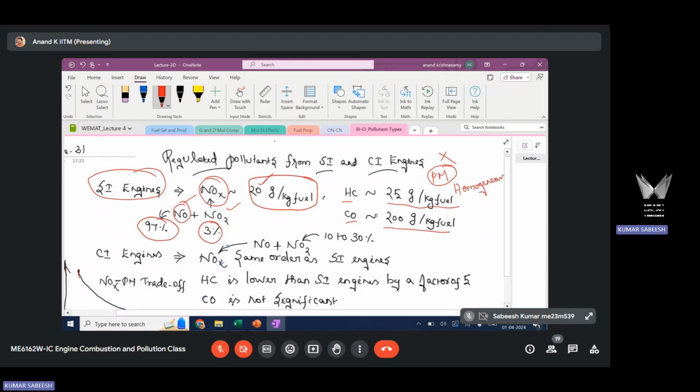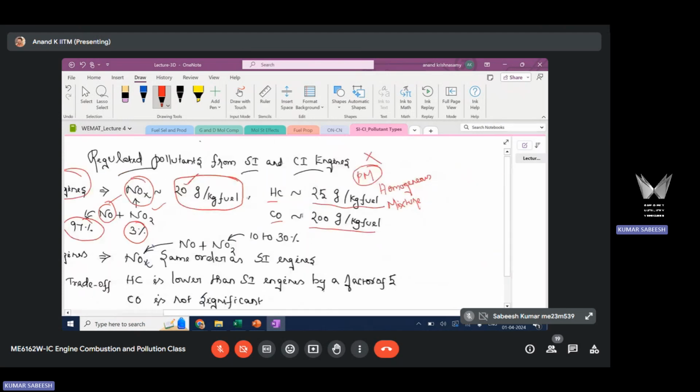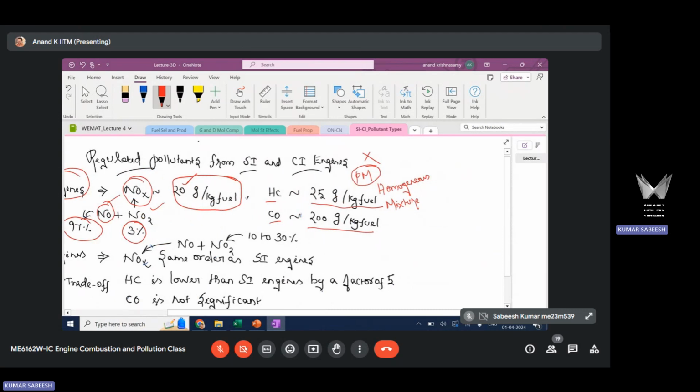So we have a homogeneous mixture. And what is the typical operating phi we discussed for an SI engine? It's basically 0.8 to 1.2. 0.8 is rare. Generally, it starts from 0.9. It may go up to 1.2.